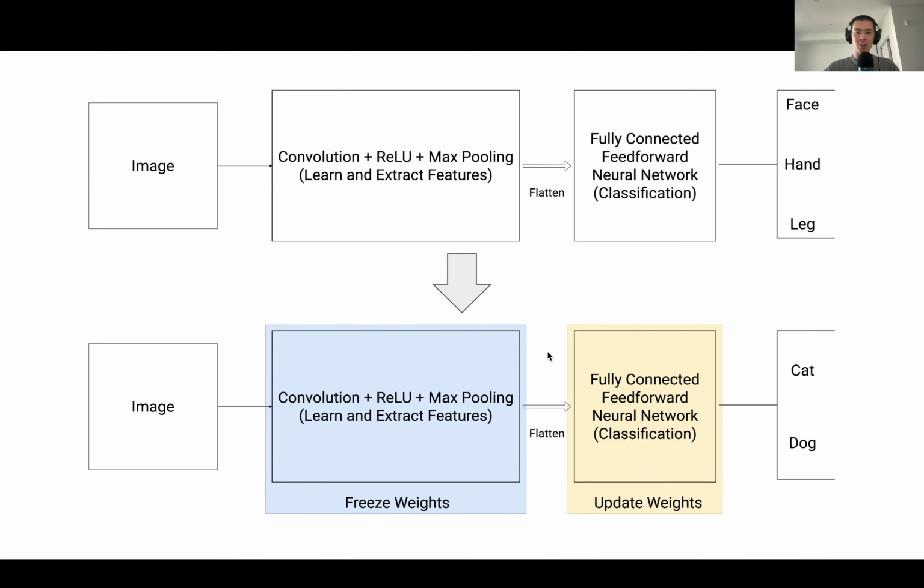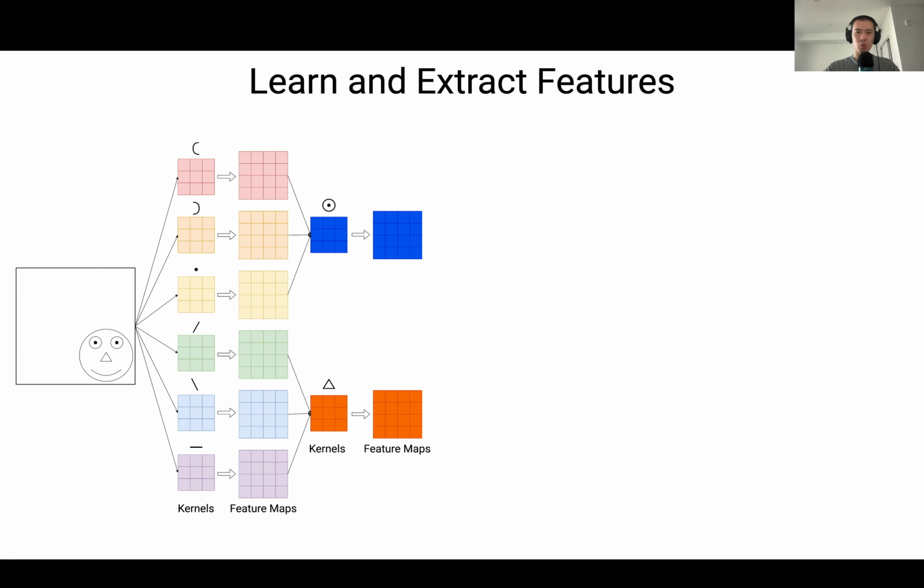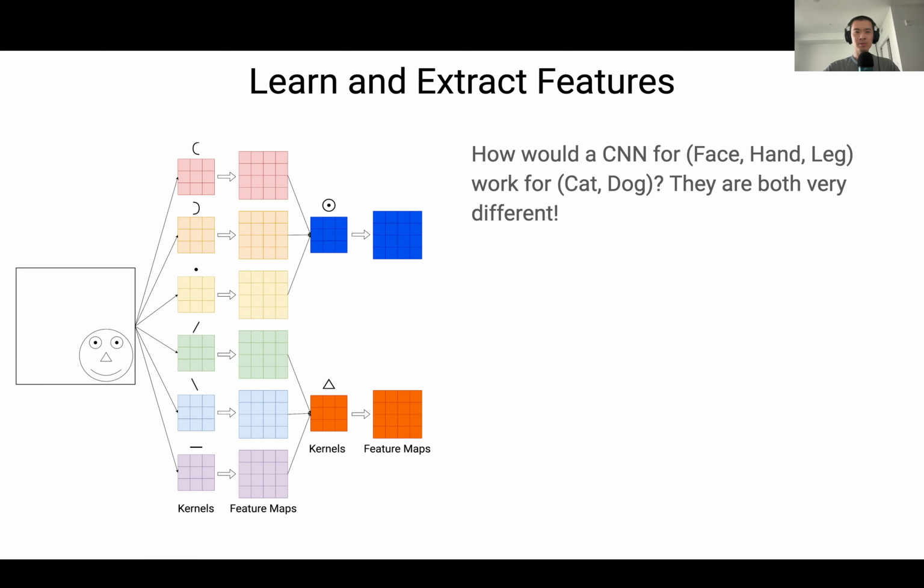Now, I bet a very quick, obvious question some of you might have is, but wait a second, how would a CNN for face, hand, and leg work for cat and dog? They are both very different. One is body parts, the other are like animals. So how could transfer learning happen here? They are so different.